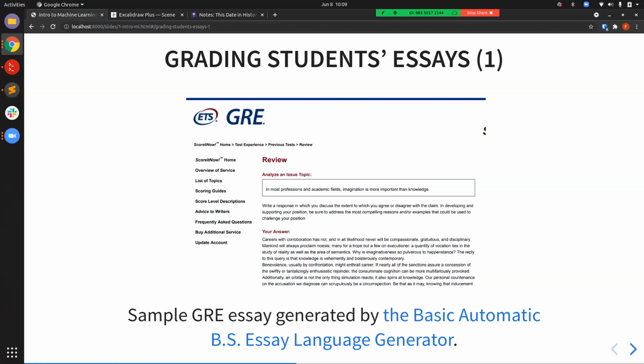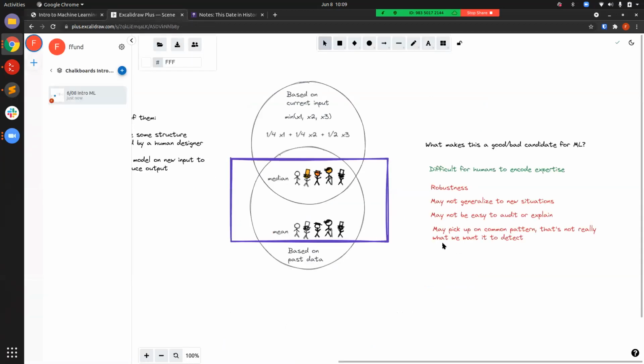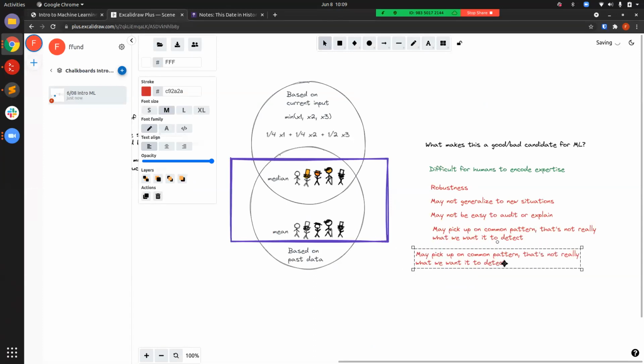But that's not a pattern that we wanted to generalize, because of course, you can have excellent essays that include that same dialect, and you don't want it to underscore them. So there can be a problem of bias where a machine learning system can either perpetuate or exacerbate existing bias in the world, or even create a new bias.